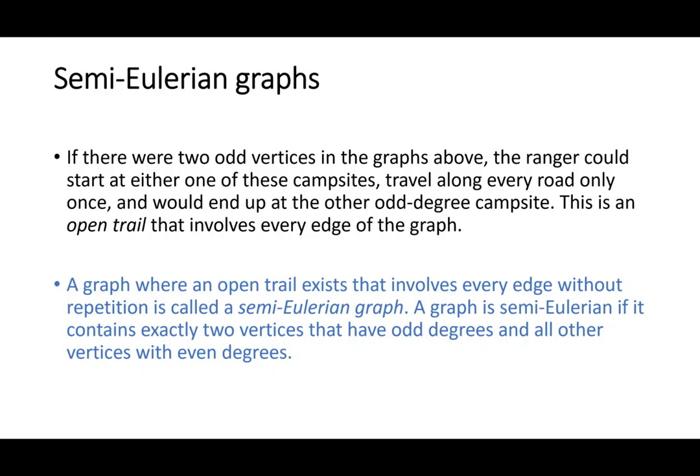And for the semi-Eulerian, you have to start at one odd one and end at one odd one. Yeah, and the semi is the open one, and it has to have 2 odd numbered vertices.